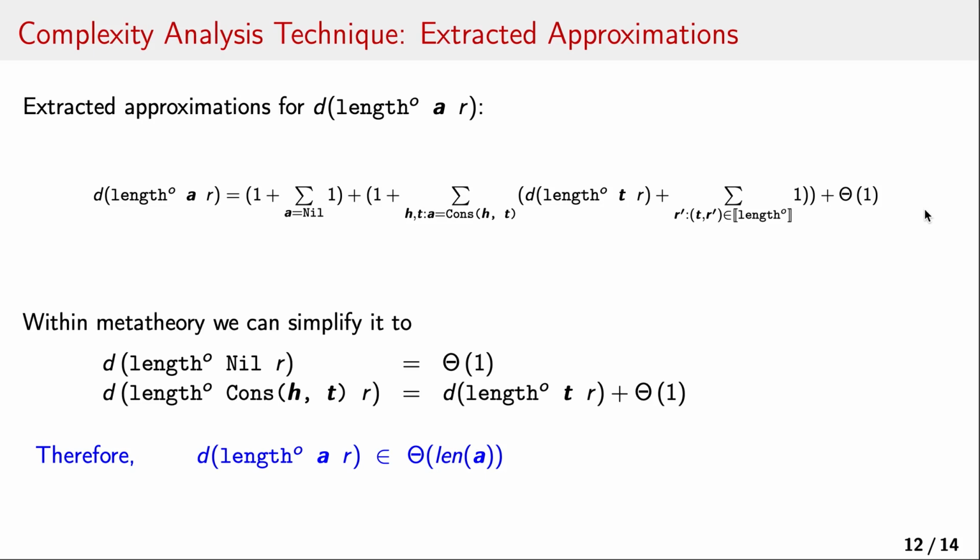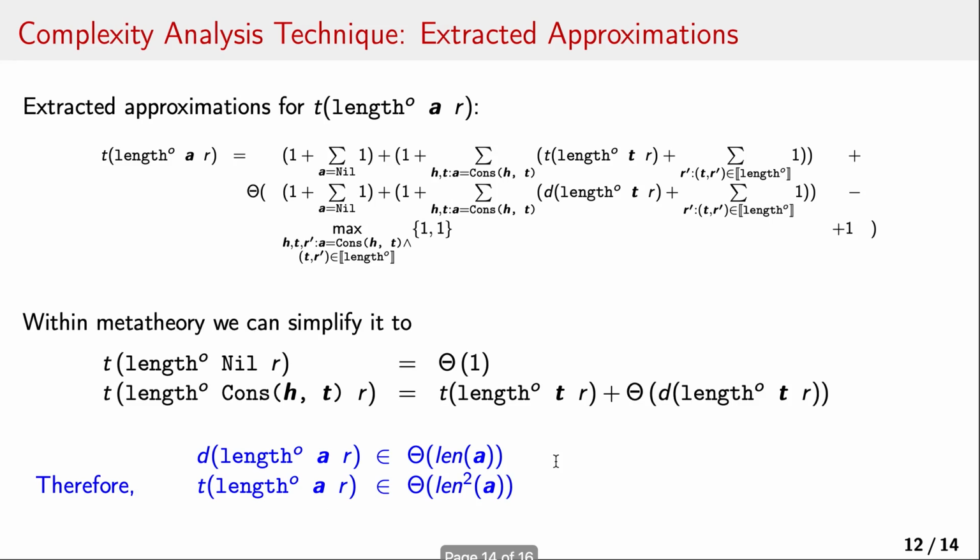For example, for our example with lists, we can consider two cases of empty and non-empty lists, and we will simplify it greatly, and it would be immediately obvious that the number of transitions for this query depends linearly on the length of a list.